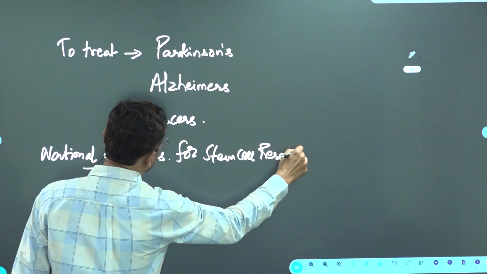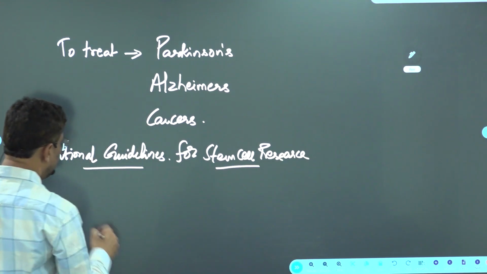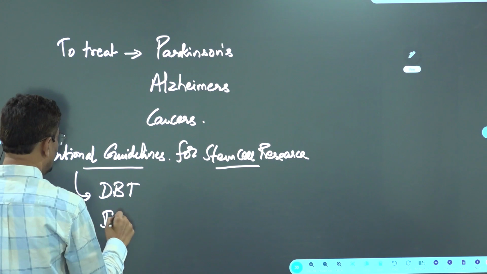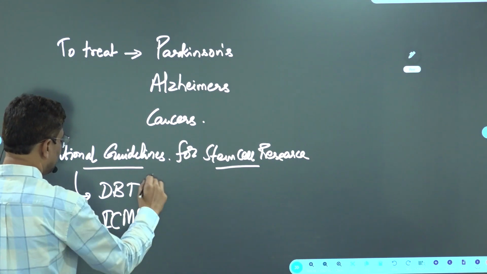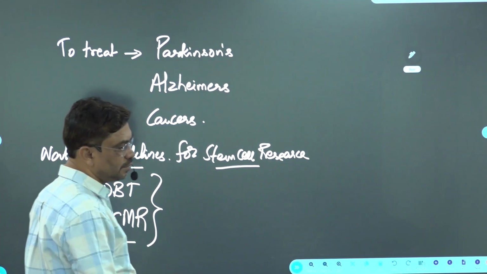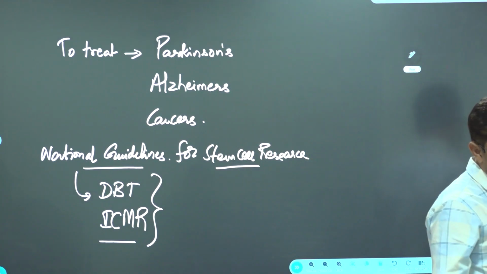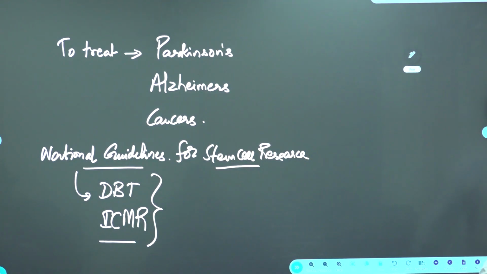National guidelines for stem cell research have been jointly framed by the DBT, Department of Biotechnology, and ICMR, the Indian Council of Medical Research.